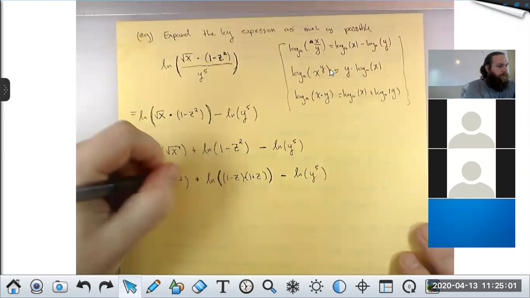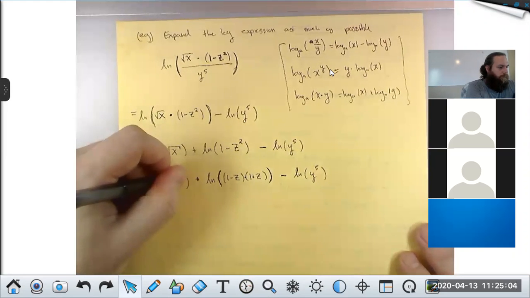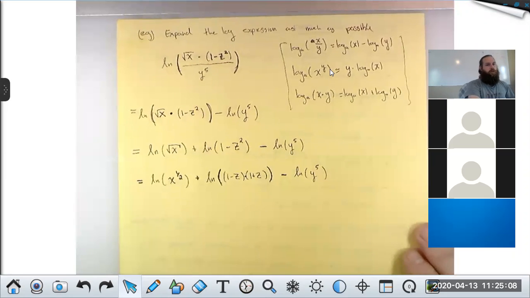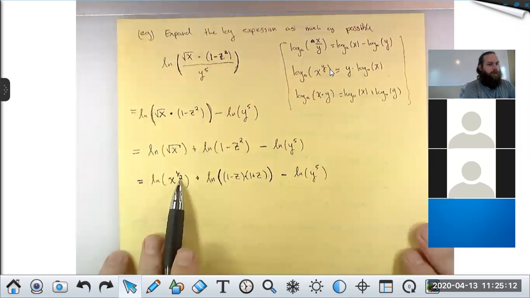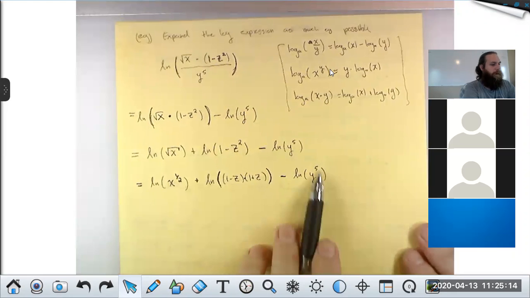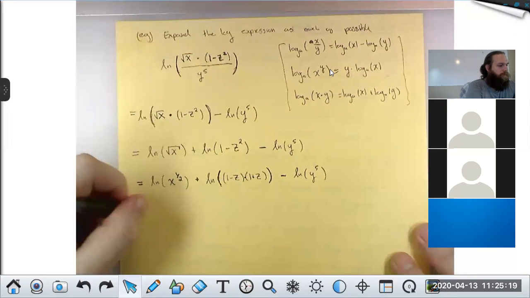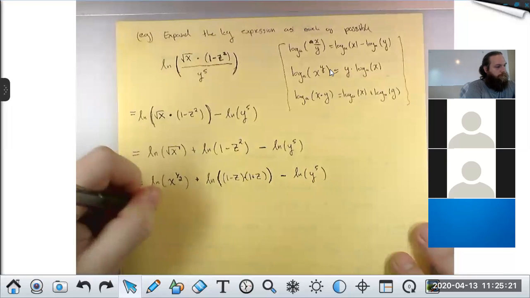So my next step here would be to do with each of these things what these rules tell me I can do. That middle rule tells me that this power can come down front here, and that this power can come down front here. So maybe I'll do that in one step, just applying one rule at a time.